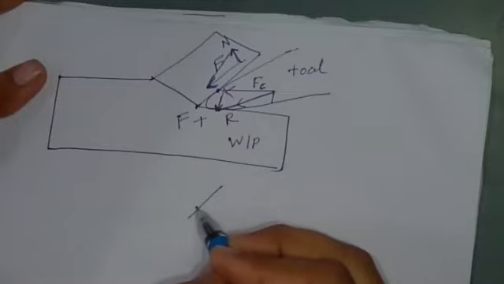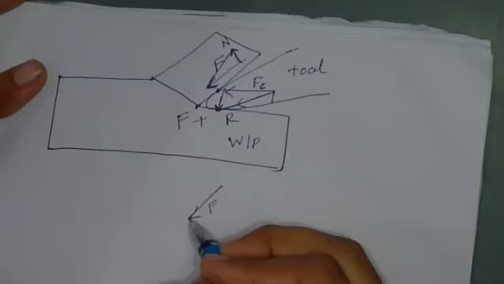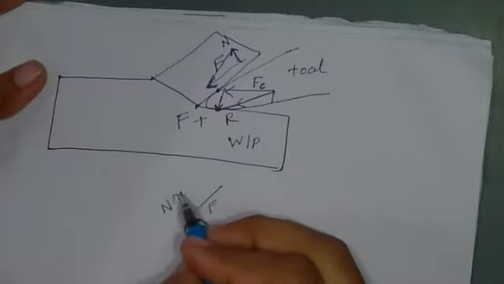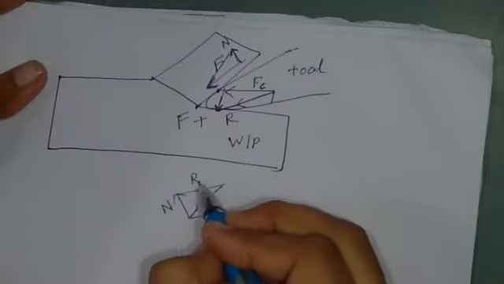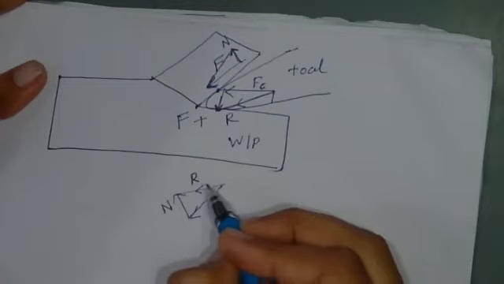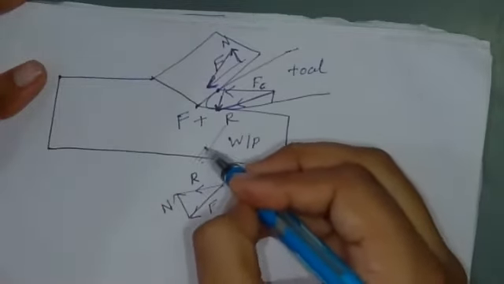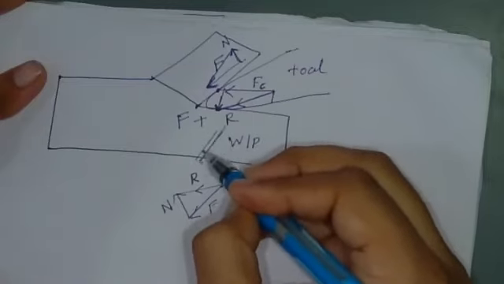This is the friction force F, and this is the normal force N. Then this resultant is R. So this resultant R and this resultant R must be the same in order to keep the tool in equilibrium.